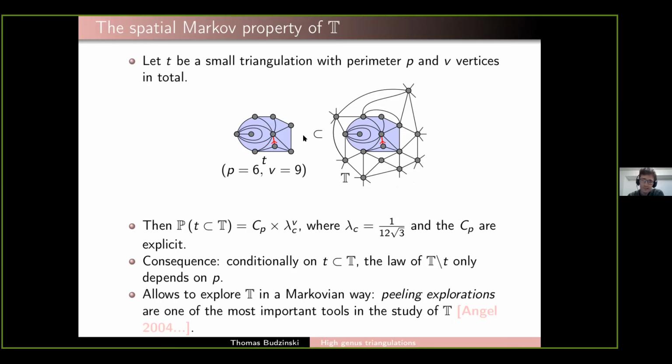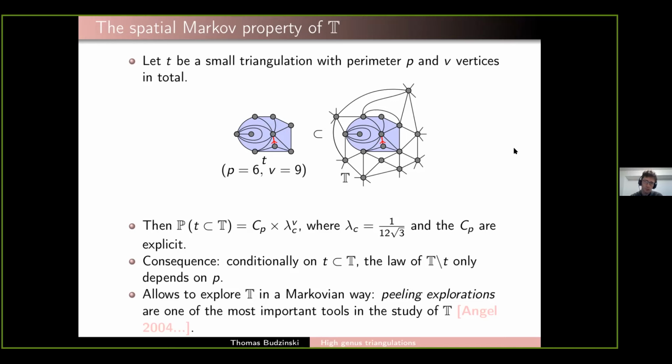This means that if I have already explored this little piece, I can completely forget about the number of vertices inside and also about the geometry of what happened inside. So this property is very nice, and it allows us to explore the UIPT in a Markovian way.